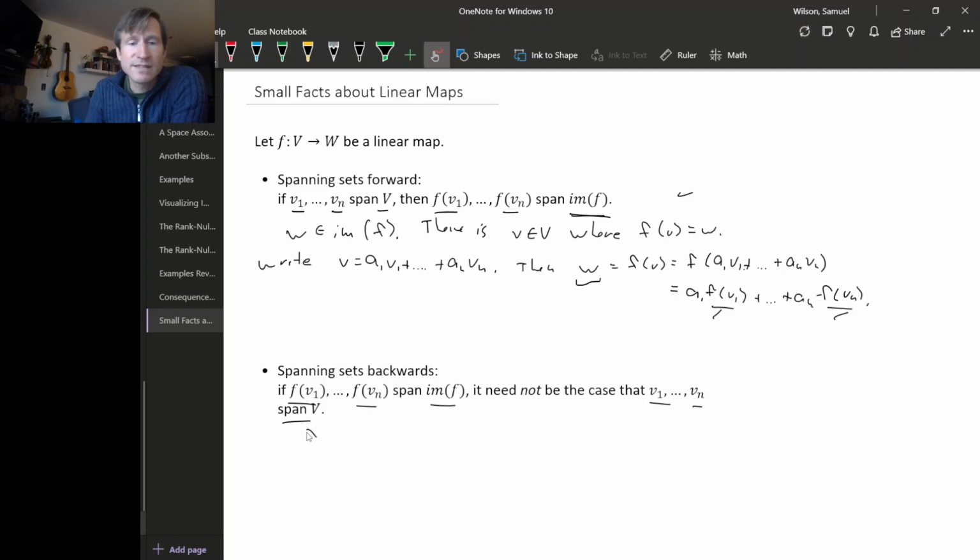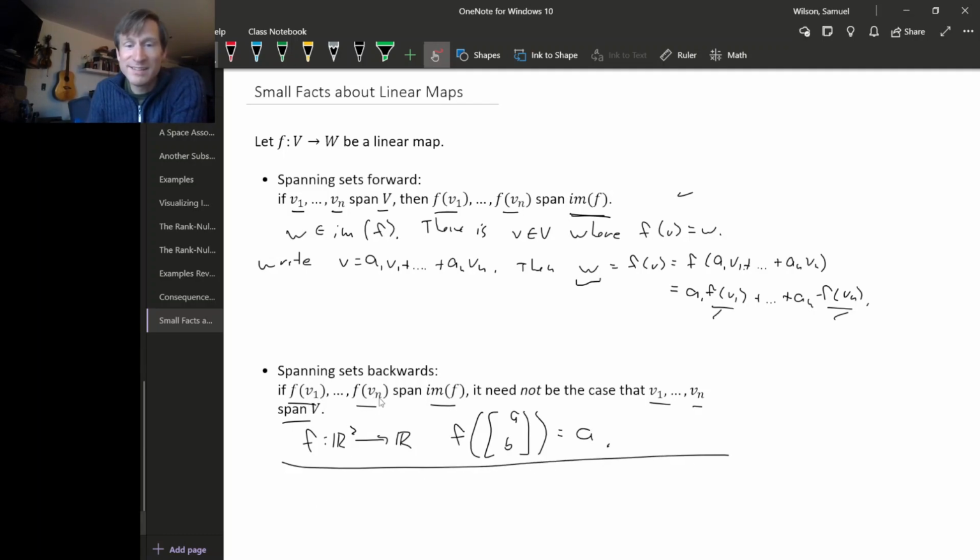So let's take as our example R2 to R, and we'll define this linear map by f of (a, b) equals, let's say, a. Now I need to tell you what my vectors are. We're not assuming that n is the dimension of V here. I'm only going to have one of them, and it is the vector (1, 0).